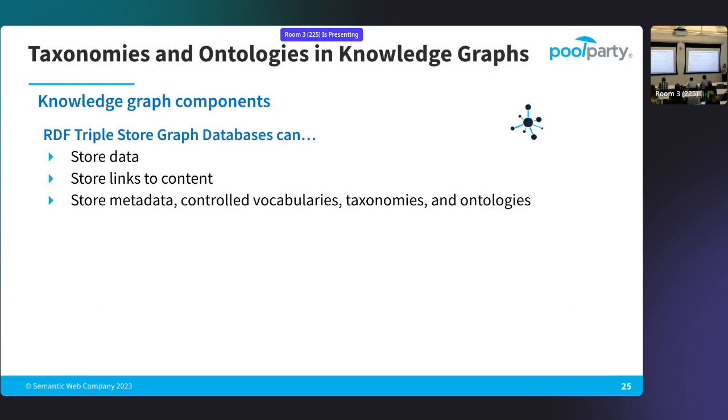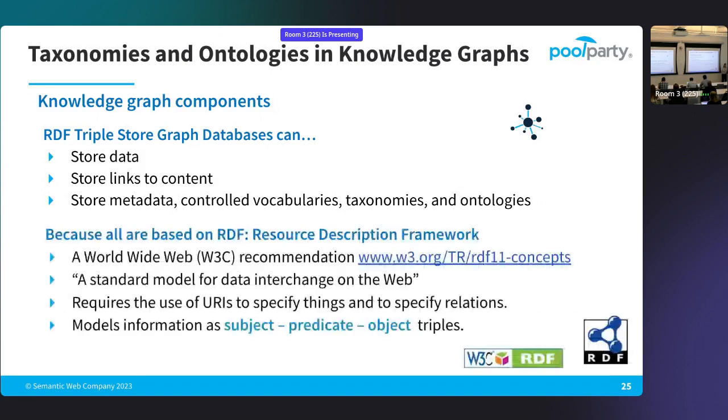So RDF triple store graph databases store data, they store links to content, and they also store the metadata, the controlled vocabularies, the taxonomies and ontologies, because the taxonomies and ontologies are also built on RDF. RDF, Resource Description Framework, is a World Wide Web Consortium standard or recommendation, a standard model for data interchange on the web.